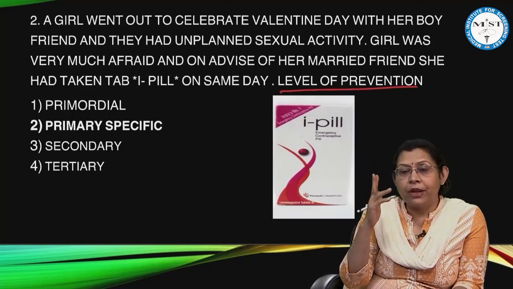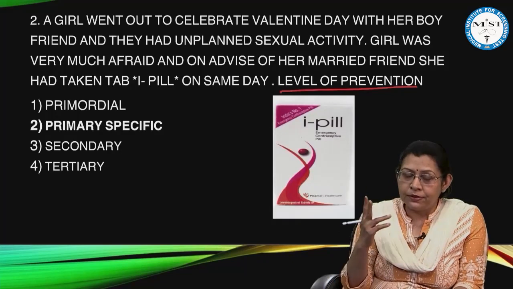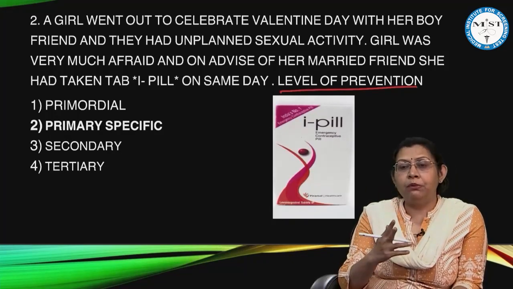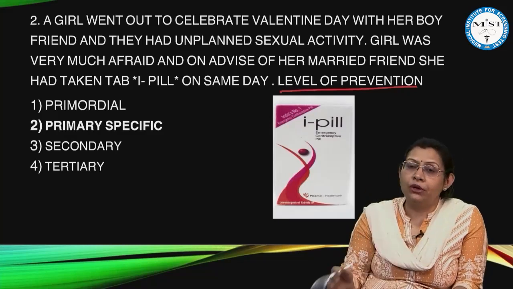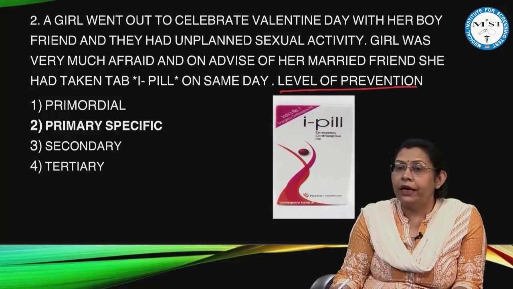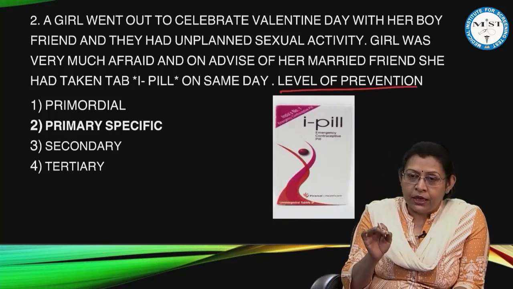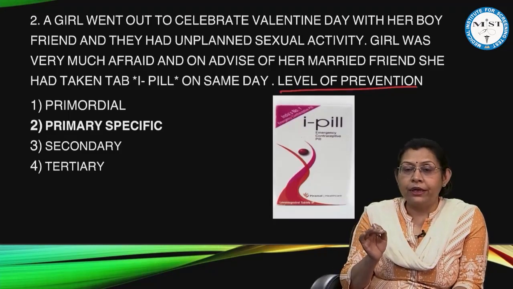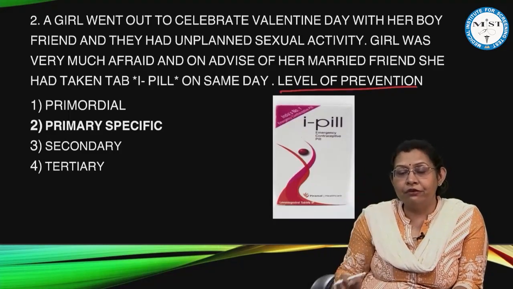And we all know that primary level prevention is of two types. It can be specific or it can be health promotion. Health promotion means when it is applied to the whole community, and when it is used by an individual person, it is specific. Now, obviously the I-Pill is not used by the whole community at a time, so it is used by the individual person.